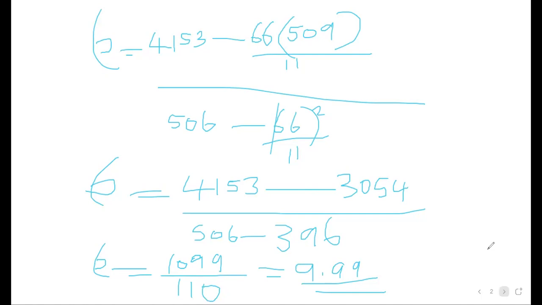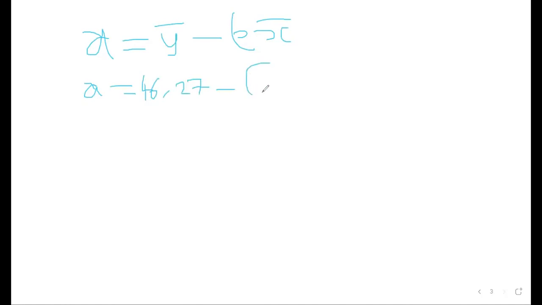Now, in a nutshell, you can also retrieve the data because I'm running out of time, with about 9 minutes remaining. So it's y bar minus b x bar to get our alpha. Alpha is equal to y bar, the mean of y, which is 46.27, minus b multiplied by the beta we found, which is 9.99.